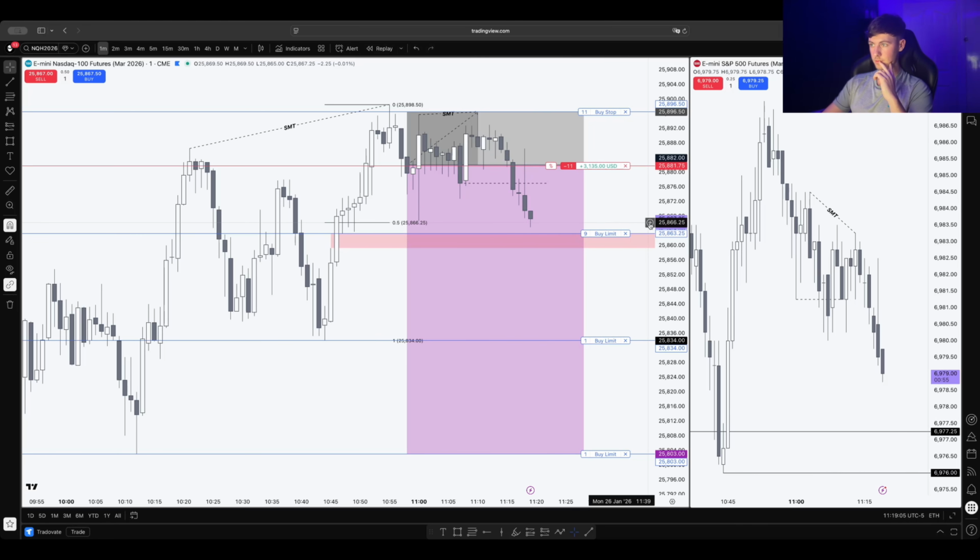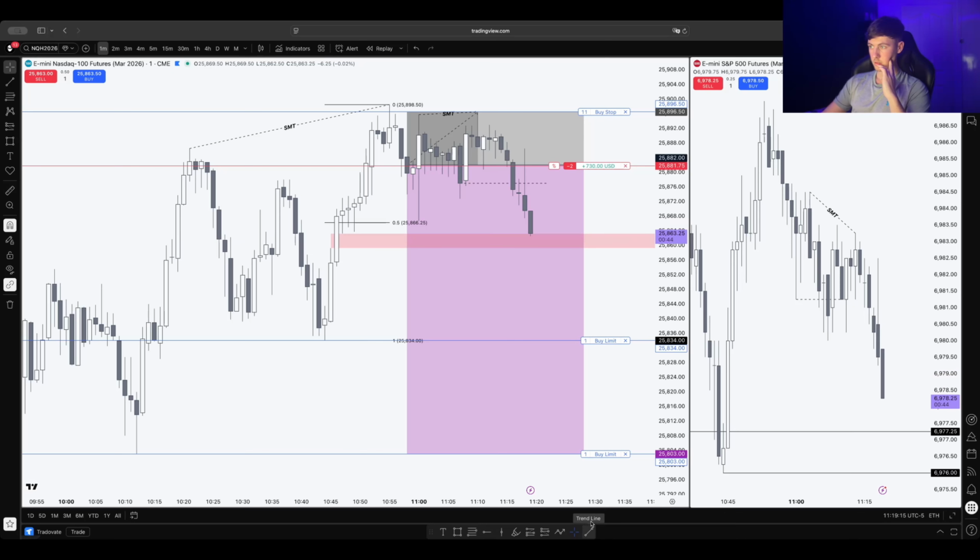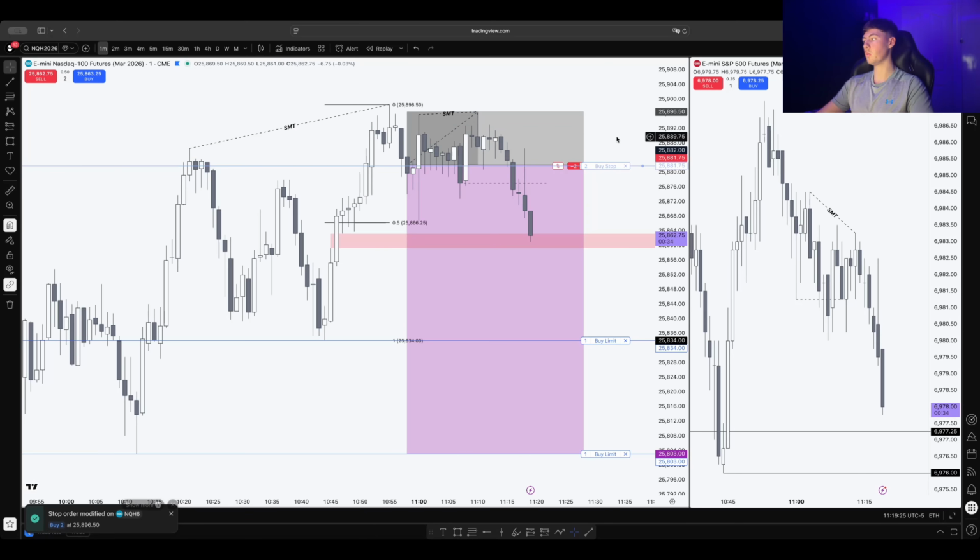Okay, taking that low now at 11 a.m. Approaching TP1. Okay, TP1 smashed. Very nice. Trailing stops to break even now.